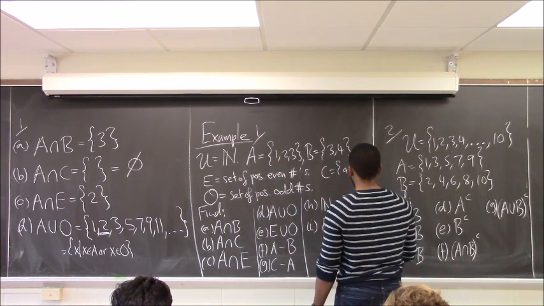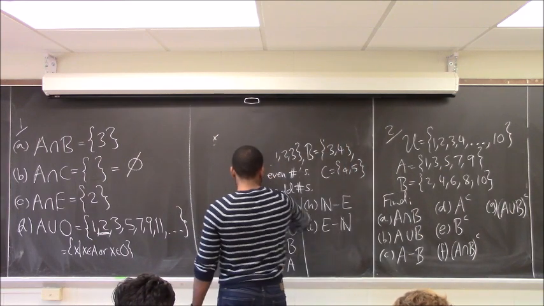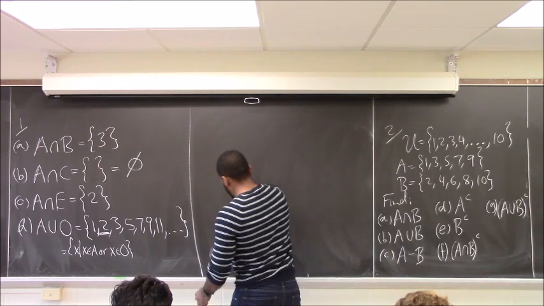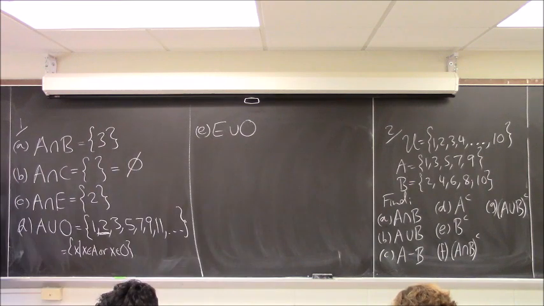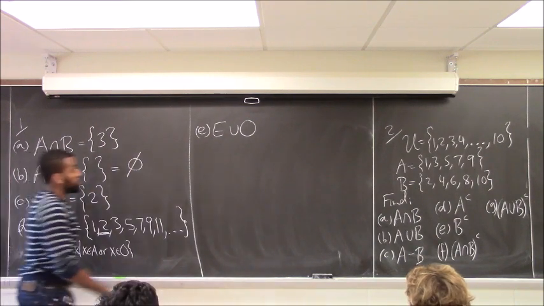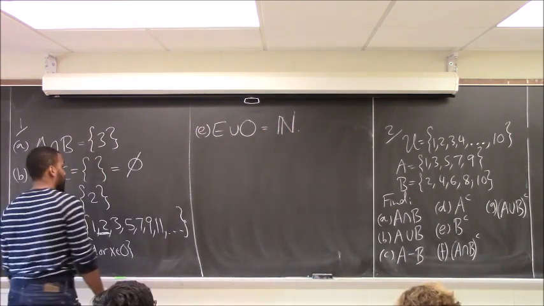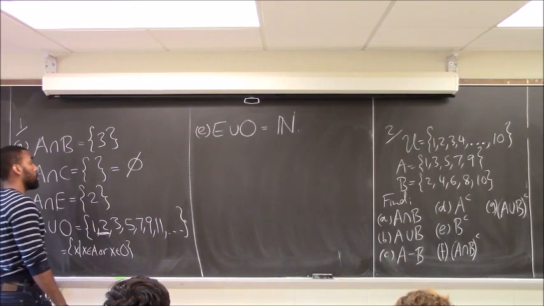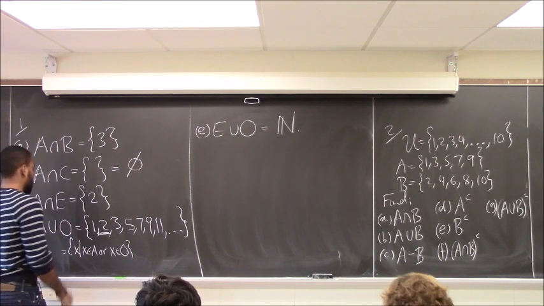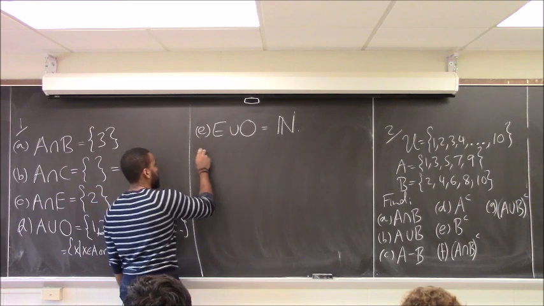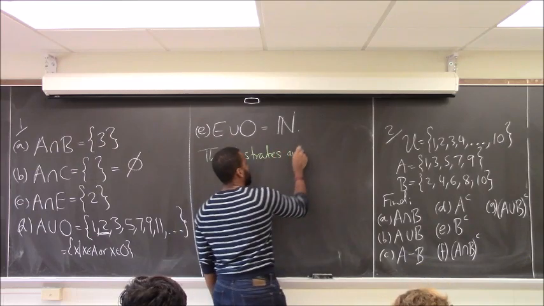E union O. What is E union O? It's actually all natural numbers. Now this is a particular example of an important fact.